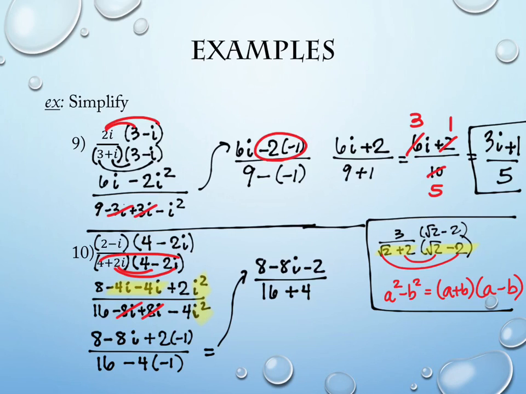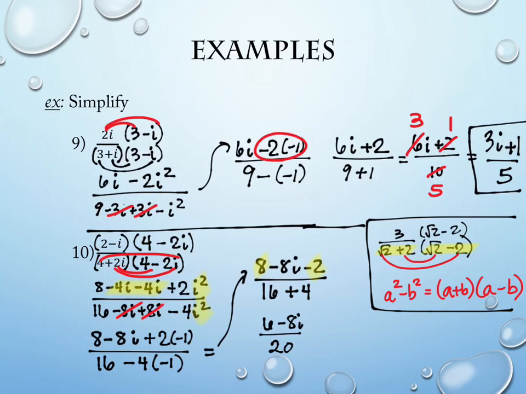So we'll combine the coefficients, the number of pieces that are alike. 8 and negative 2 gives me 6. So I have 6 minus 8i. On bottom, what do I have? 20. Am I done? No, but I'm so close. What's lacking? Reducing. They're all even again.